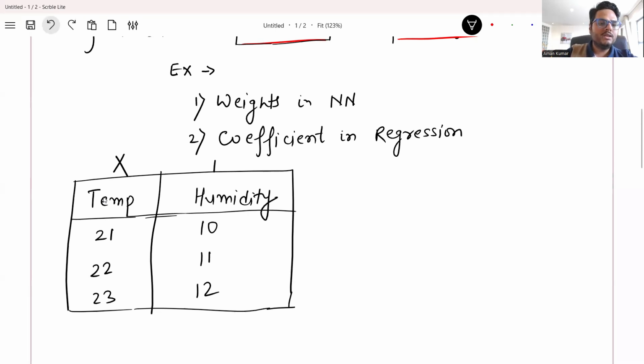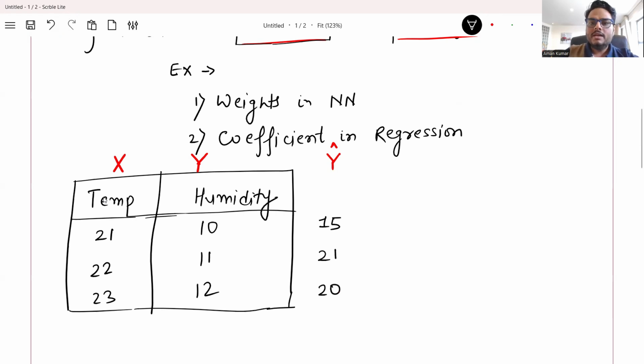Let me write it in different colors so that we don't confuse it with other things. This is your x and this is your y. Now suppose you trained this model and then you are trying to predict, so this becomes your y hat. The predicted humidity from your model will be, let's say, in place of 10 your model says 15, in place of 11 your model says 21, in place of 12 it says 20.